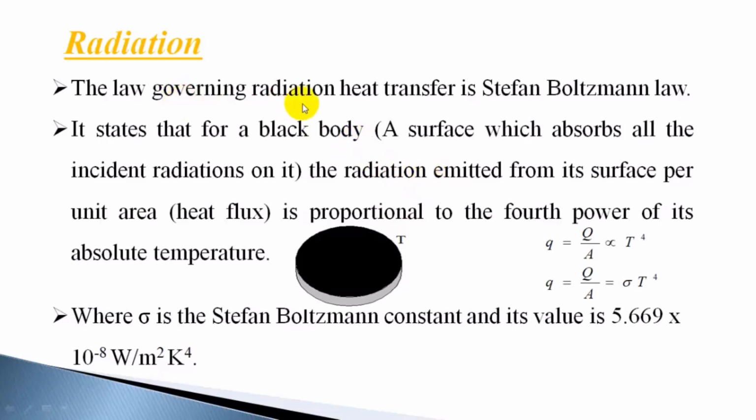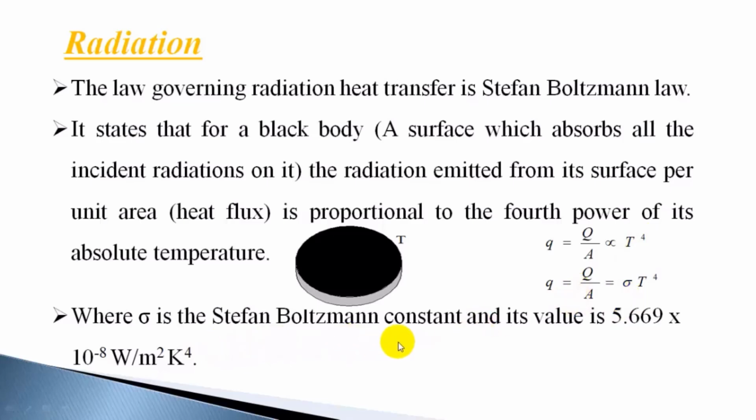The law governing radiation heat transfer is the Stefan-Boltzmann law. It states that for a black body, the radiation emitted from its surface per unit area is proportional to the fourth power of its absolute temperature. Radiation emitted per unit area means heat flux. Heat flux is directly proportional to the fourth power of absolute temperature, and the proportionality constant is the Stefan-Boltzmann constant.